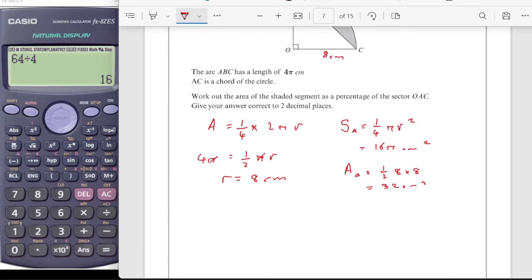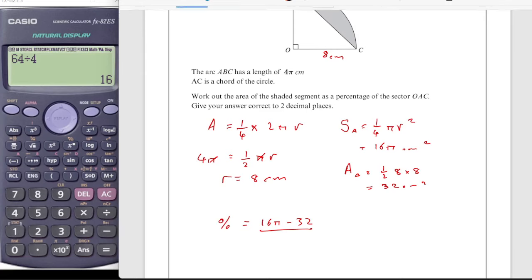So the area of the shaded section is going to be equal to this one take away this one. So the percentage shaded of the total is going to be equal to 16 pi minus 32 divided by the total area, which is 16 pi, and then I want to times that by 100.